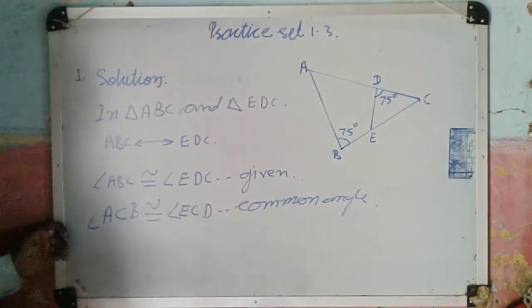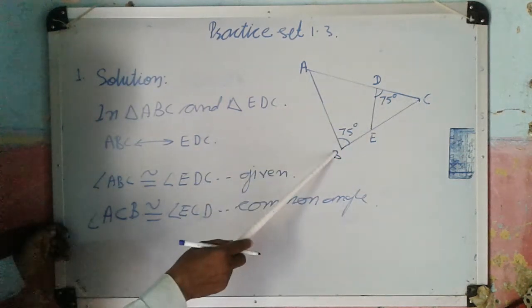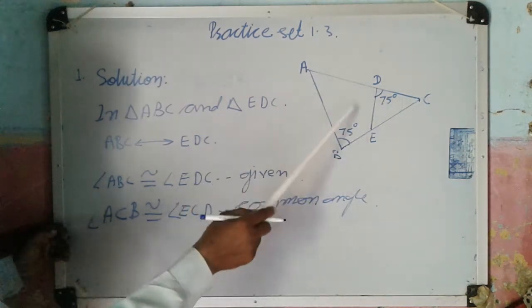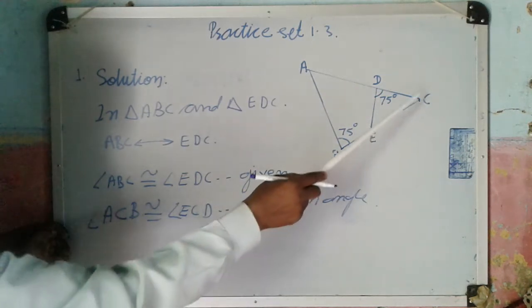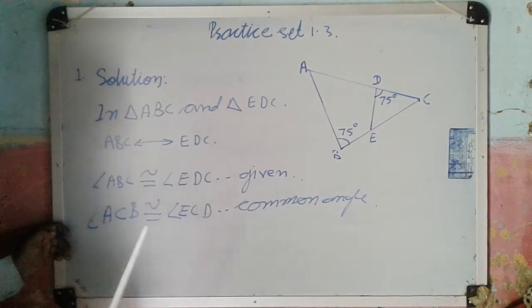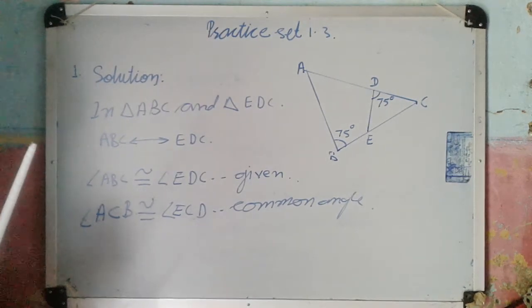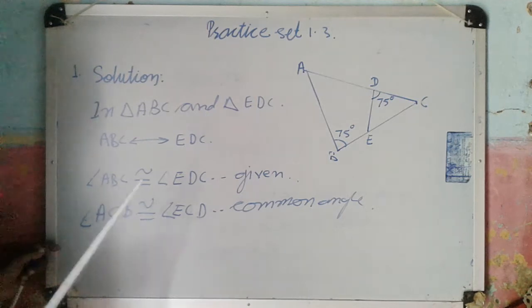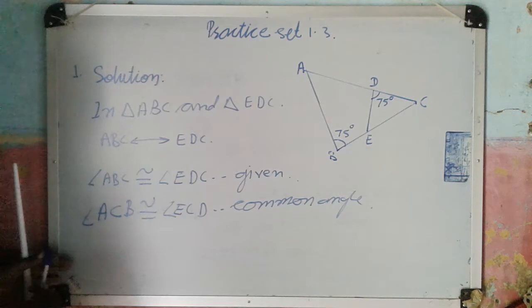The common angle: angle ACB in triangle ABC and angle ECD in the other triangle. So by our AA test, these two triangles are similar.